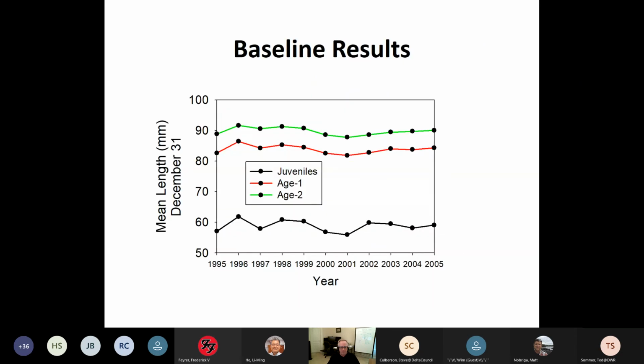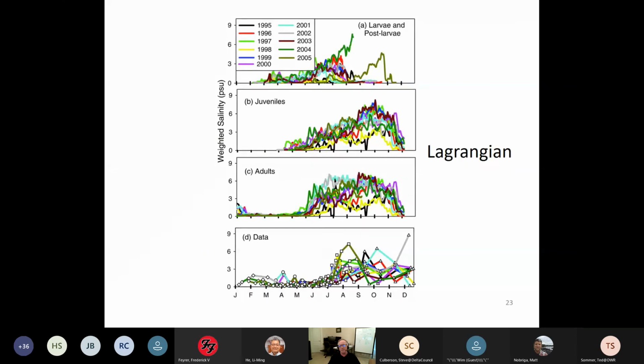So you get baseline results. This is the old baseline, 95 to 2005. We have 2 new baselines, and we have to straighten that out. Remember, it's a Lagrangian view of the world. So we know every individual, every time, its location and the salinity at that location.